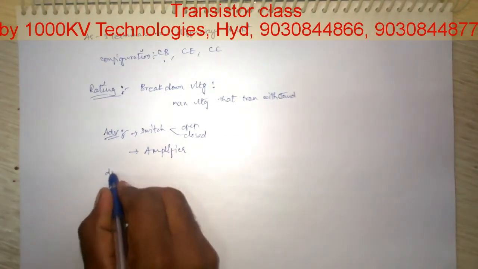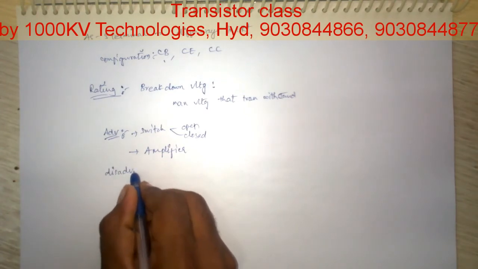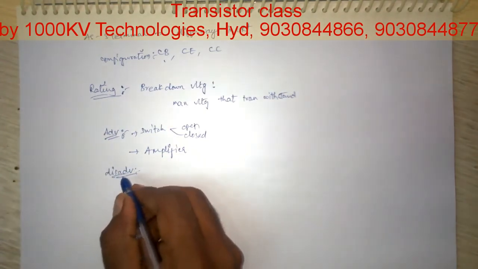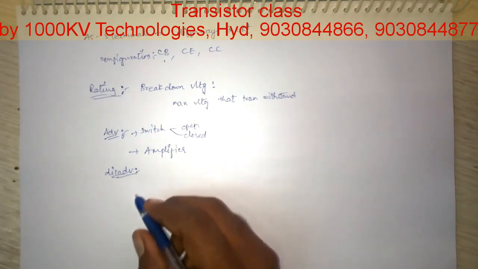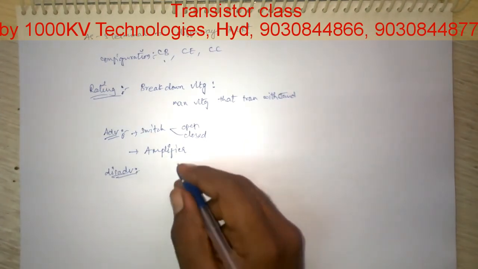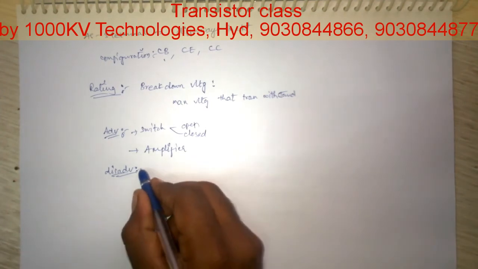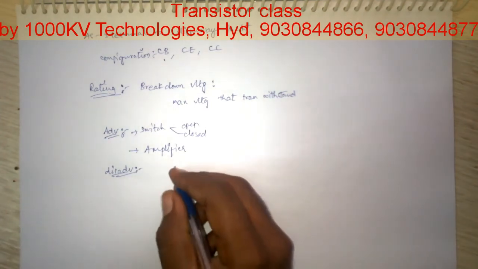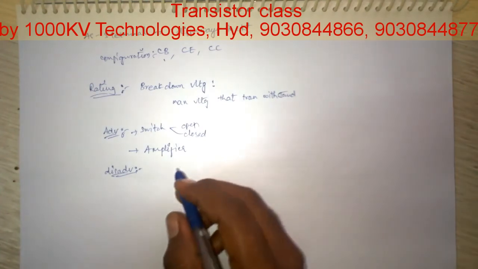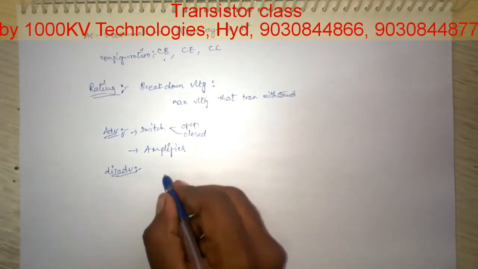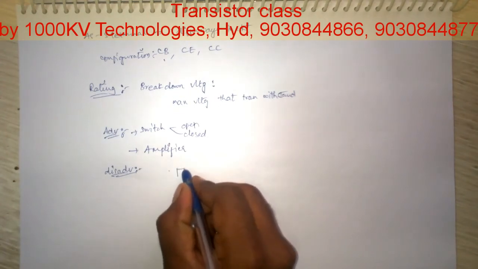And coming to the disadvantages, these come in special packages like ICs. If it comes in an IC package and something goes wrong, then the entire IC should be replaced in the circuit. For example, take an IC.